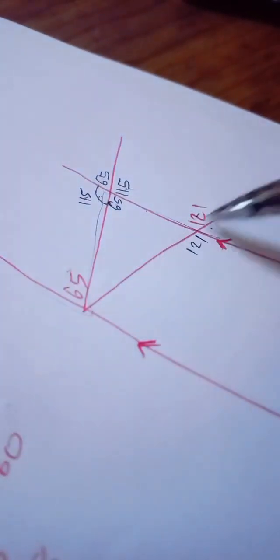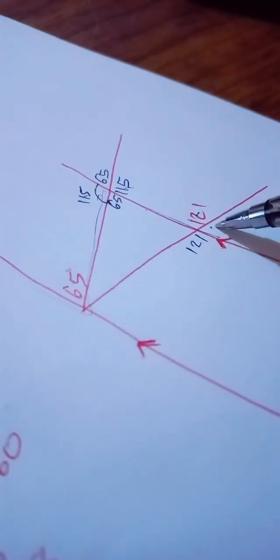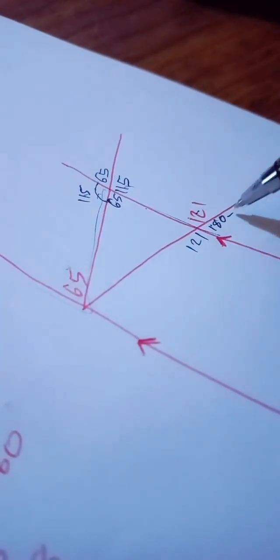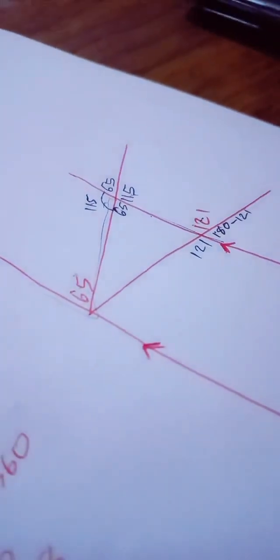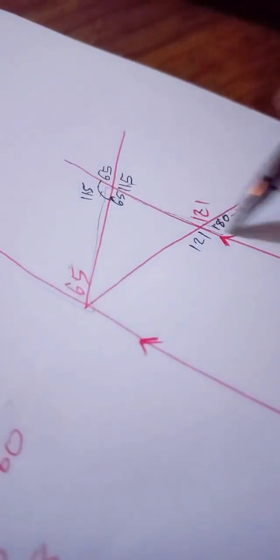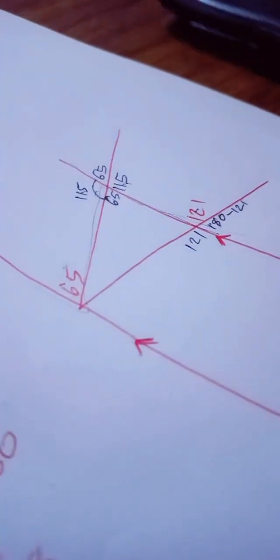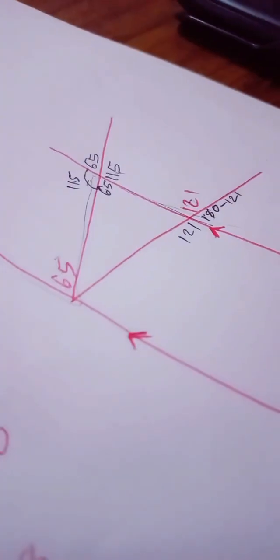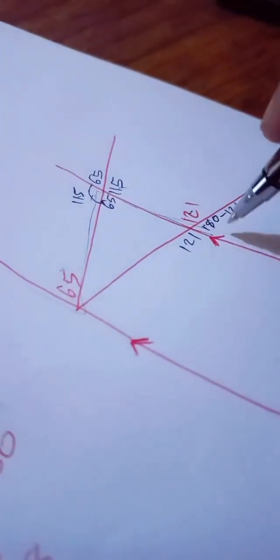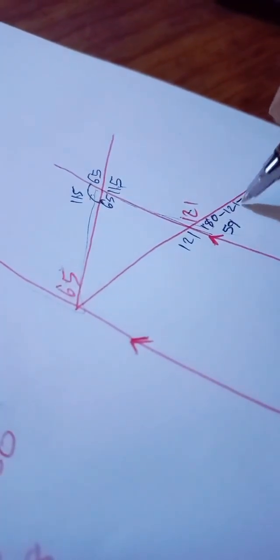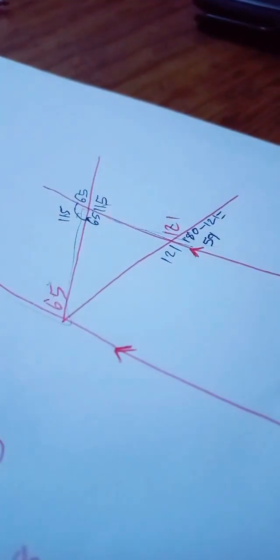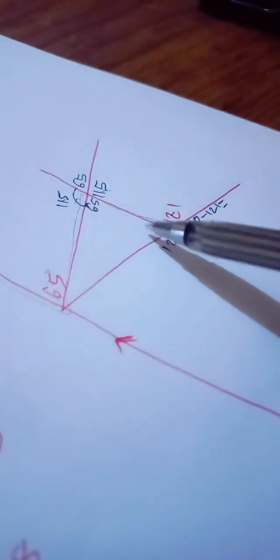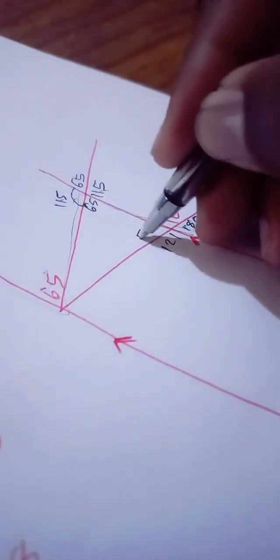Here, angles on a straight line. This and this should add up to 180. So we are going to say 180 minus 121. Even if you say this straight line is 180 minus 121, giving us 59. We have a 59 vertically opposite. This is 59.